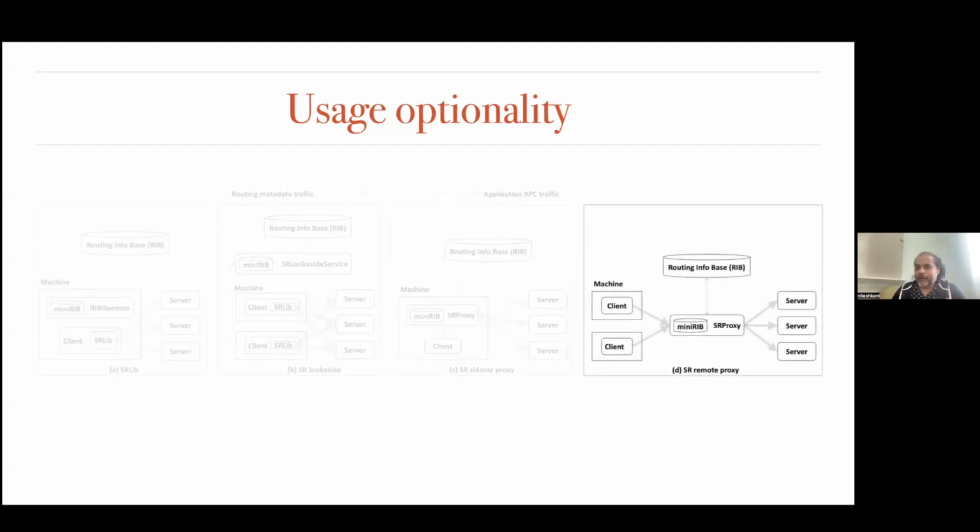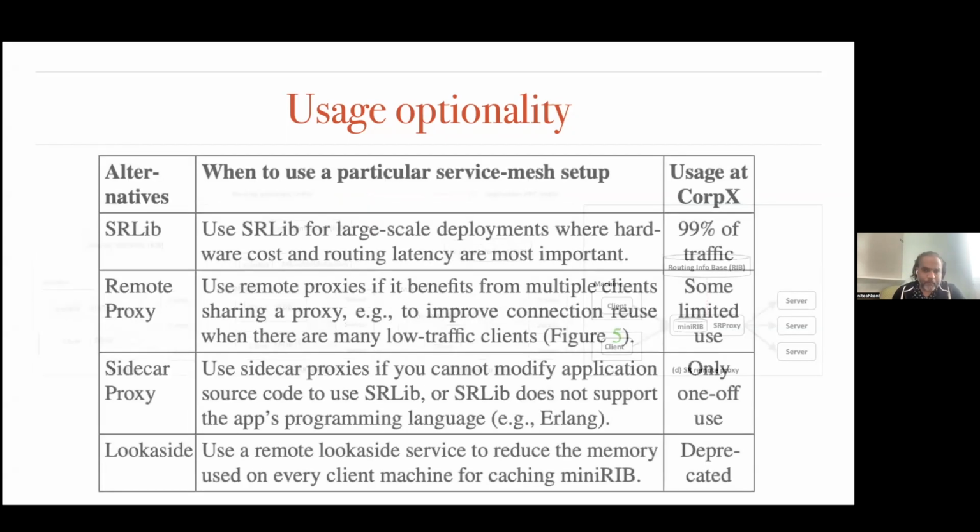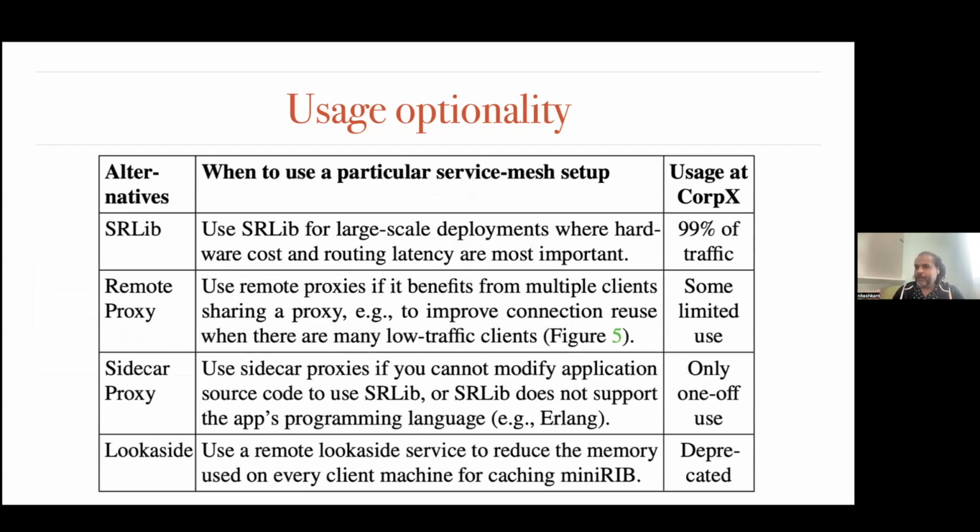And there is another form factor, which is complete remote proxies: instead of your local sidecar, you can have a remote proxy. Since there is this optionality, we give some guidance around when to use what. But the TLDR of the slide is that most of the traffic goes through the ServiceRouter embedded library.